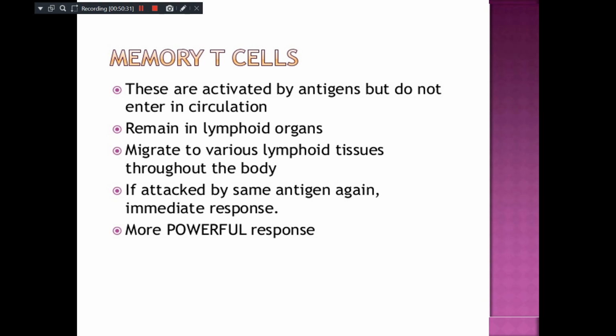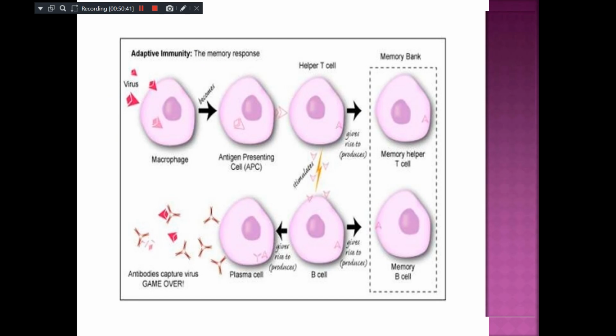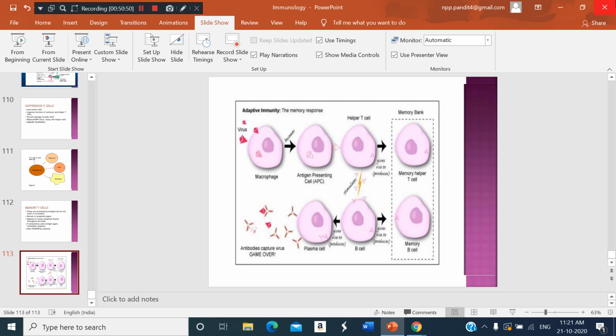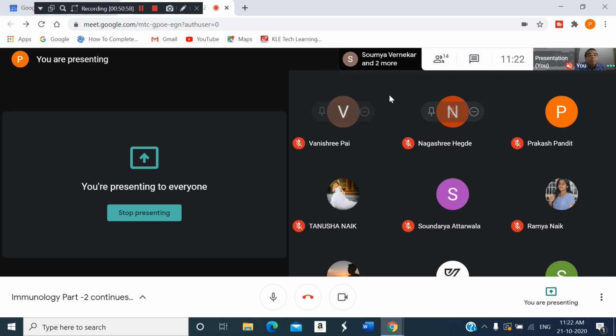It will not wait to orchestrate the immune reaction, but immediately it will respond, more powerful and more useful. This is the role of the memory cells. So with this, we have completed the cells of immunity, and I will continue with immunology for one more class.